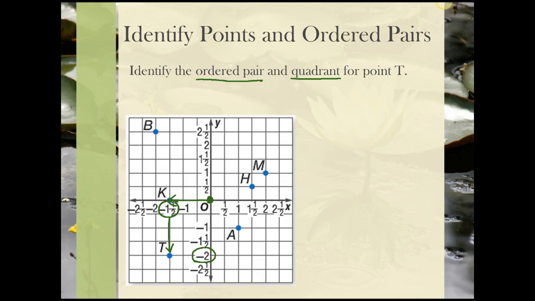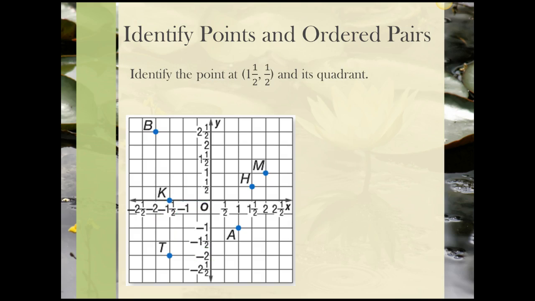Moving to the right or up is positive, moving to the left or down is negative. The ordered pair for T is (negative 1 1/2, negative 2), and we can see that T is in quadrant 3.